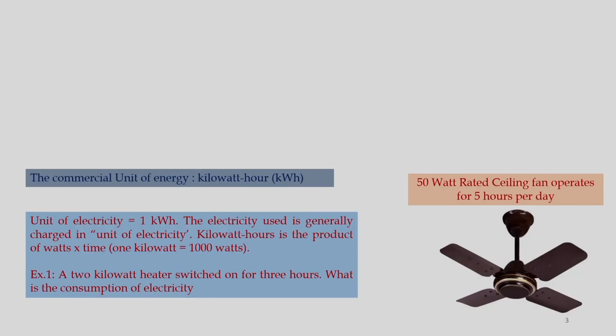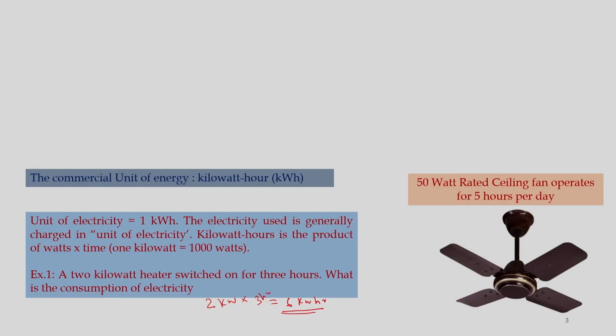For example, a 2 kilowatt rated heater is switched on for 3 hours. What is the consumption of electricity? Straight away you can calculate it. 2 kilowatt is the rated power multiplied by 3 hours, it will be 6 kilowatt hour.